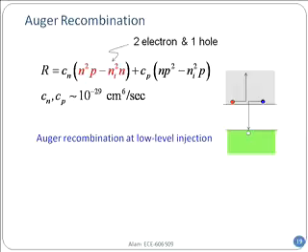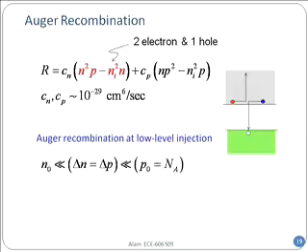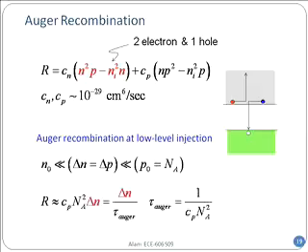Low-level injection, you should work it out. Again, put these conditions in, and once you put this condition in, you will see that if it is a p-doped material, P squared will become Na squared, because P is equal to Na. The number of holes equals the number of acceptors.